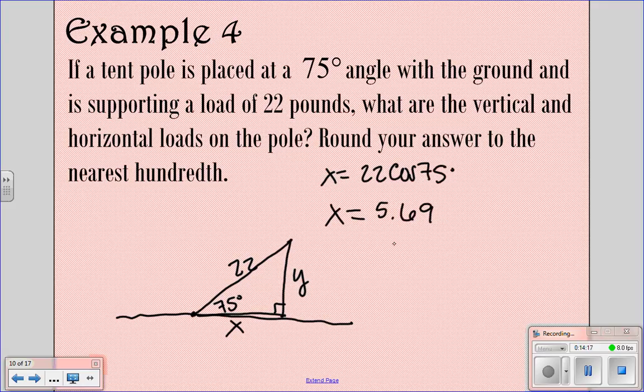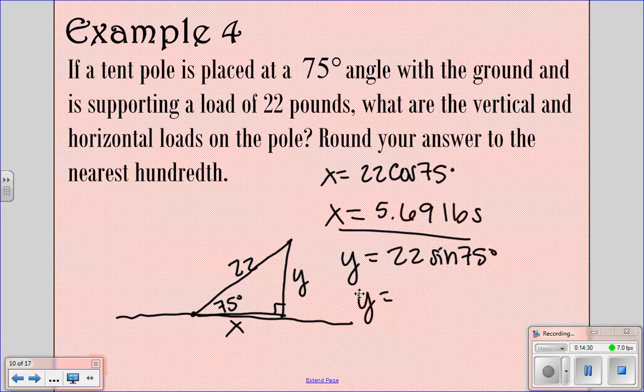Yeah, so 5.69 pounds is your horizontal part. For the vertical, that's your y value. You're going to do 22 sine of 75. And so if you plug that in, you should get 21.25 pounds. And so that would be your vertical part. Okay?